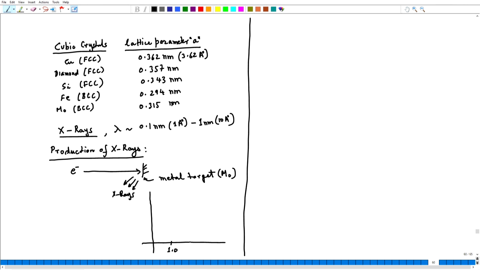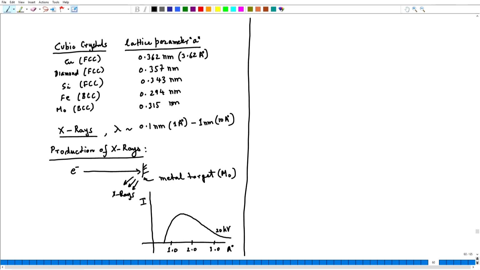This is 1 angstrom, 2 angstroms, 3 angstroms, and this vertical axis is the intensity of X-rays that is produced. We might get something like this, perhaps at an accelerating voltage of 20 kilovolts. So, when the electrons are accelerated through 20 kilovolts, we might get a spectrum of wavelengths.